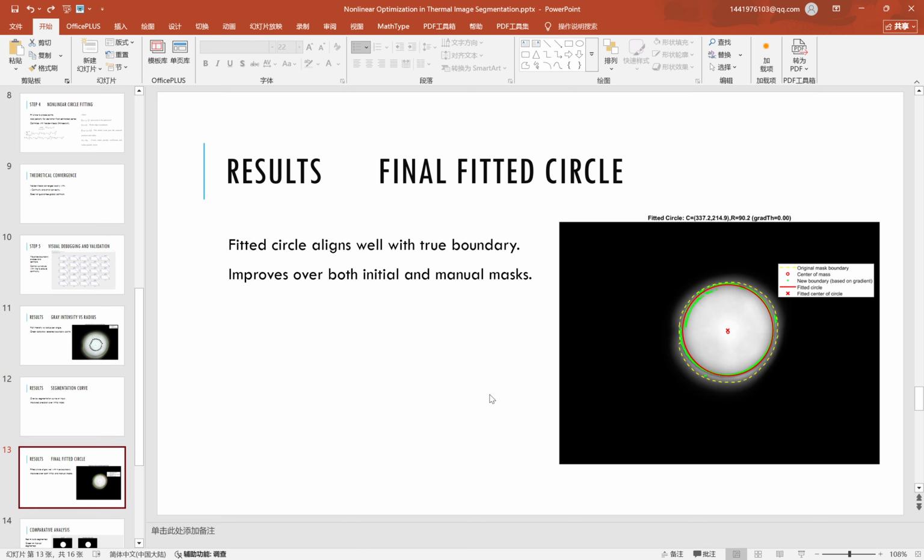The figure here shows the final fitting mask boundary circle compared with the two calculated boundaries, and it can be seen that the center of the fitting boundary circle is offset from the initial prediction. It can be seen from here to there.